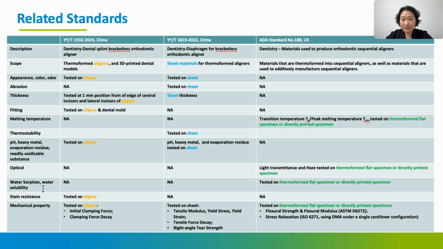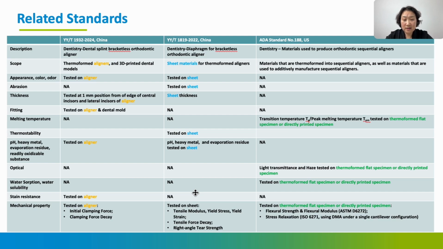Column 1 lists most important properties, such as the appearance, color and odor, thickness, fitting between aligner and dental mold, chemical properties, optical properties, stain resistance, and mechanical properties. Column 2 is an industry standard in China to test on the aligners.